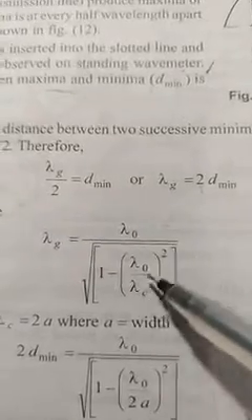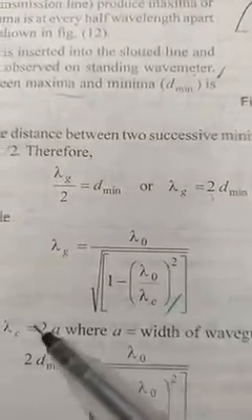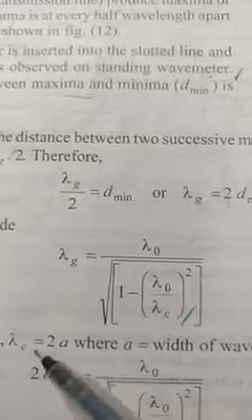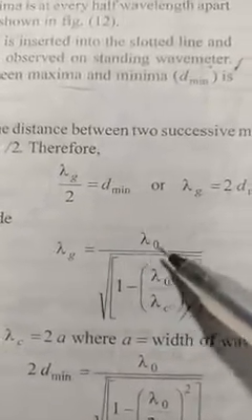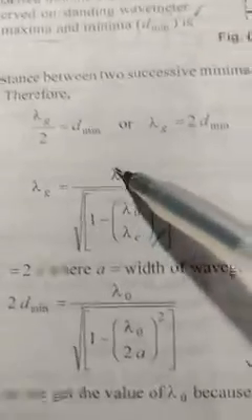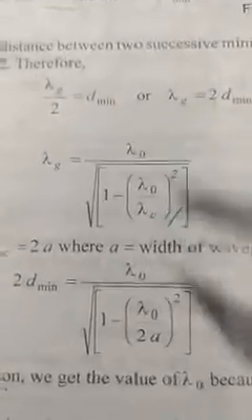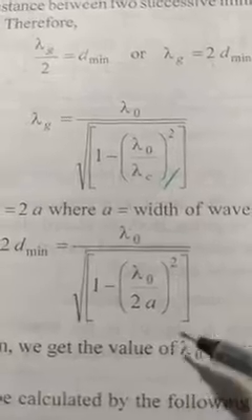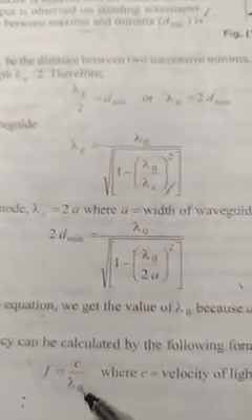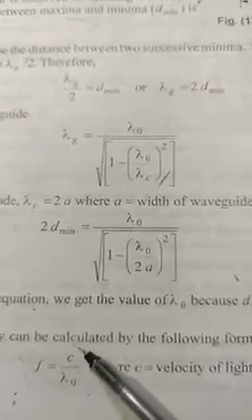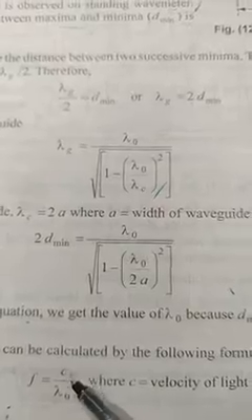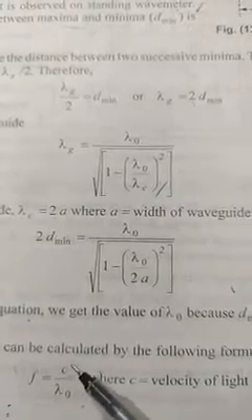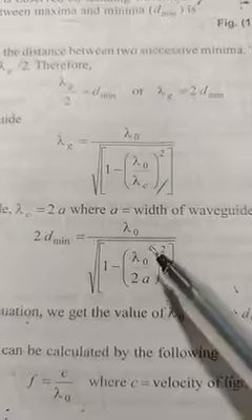When we have the value of lambda c and the value of lambda g, we can easily calculate lambda naught. After calculating lambda naught, we can apply the formula f is equal to c by lambda naught, where c is the velocity of light, 3 into 10 power 8 meters per second, and lambda naught we have calculated here.